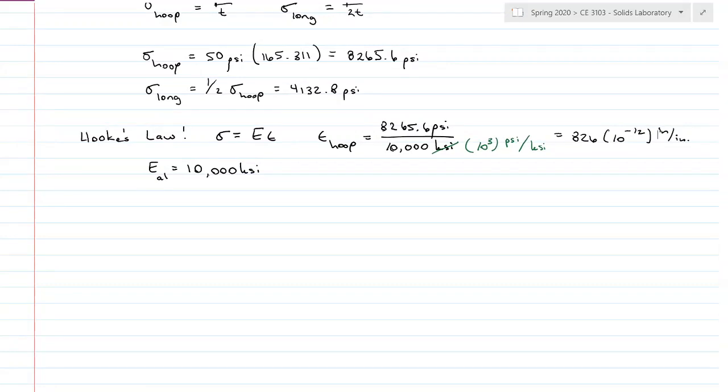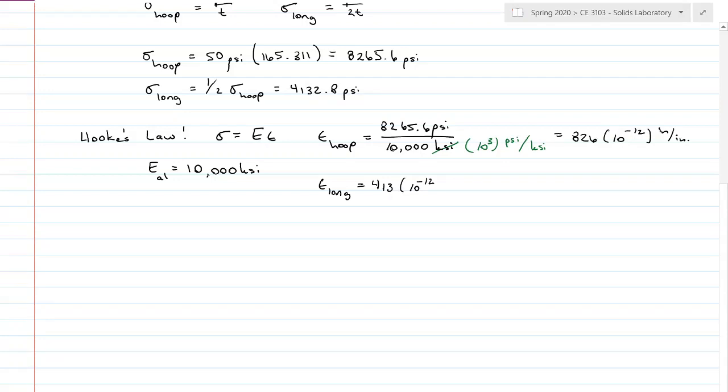So I'm going a little slower than is probably preferred. And E long would just be half of that, or 413 times 10 to the negative 12.